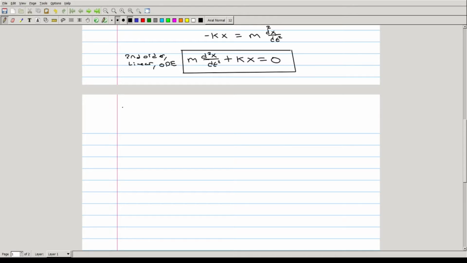If we define the vector xi to be the vector (x, v), then the derivative of xi is equal to (x dot, v dot).